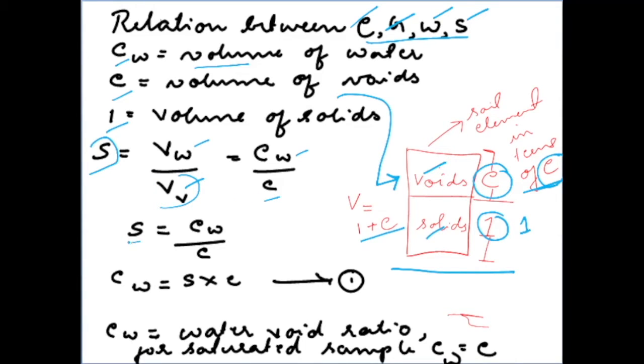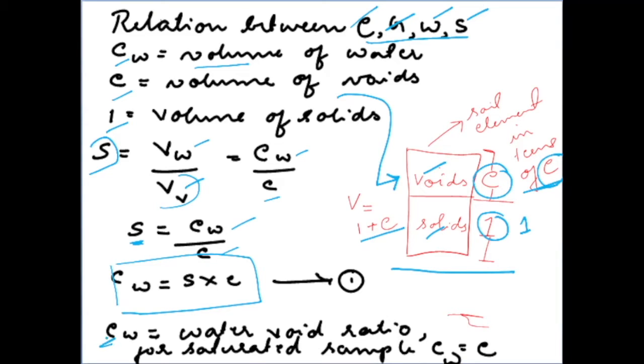So what is degree of saturation S? It is nothing but e_w divided by e. Now let us cross multiply. We get e_w is equal to S into e. So this is equation number 1.